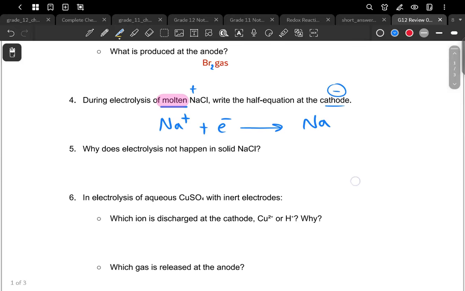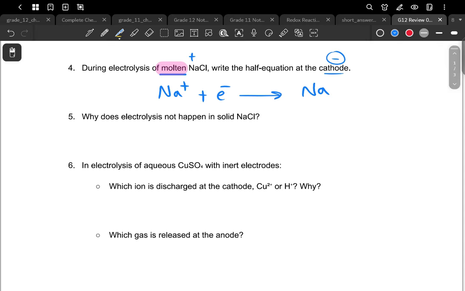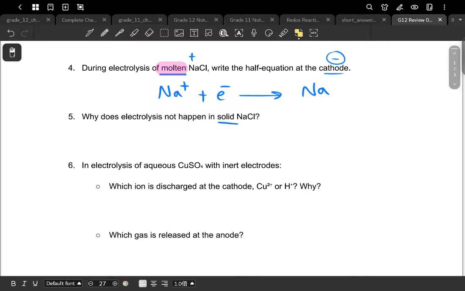Why does electrolysis not happen in solid NaCl? This question is to let you understand that the solid state has no free ions, because it's solid.